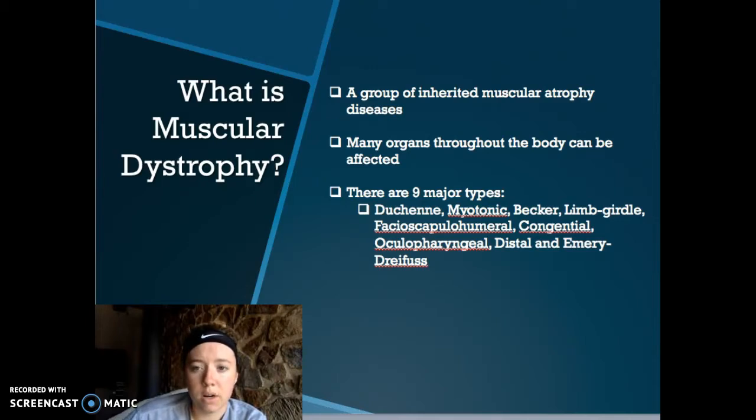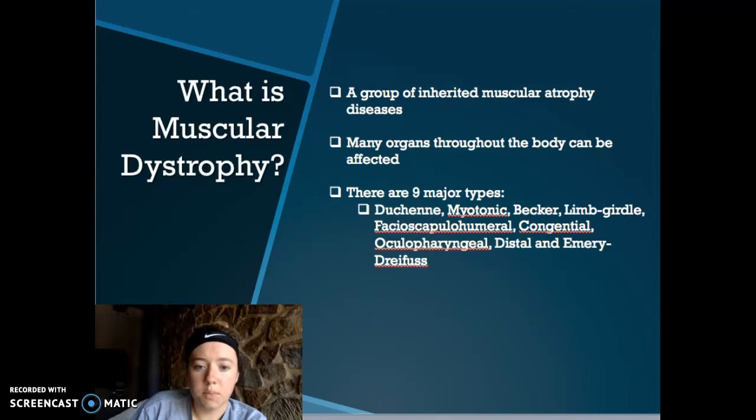And then with regards to the word inherited, you can inherit this from your mom. So we will go over how this occurs in the next couple of slides, but I just wanted to give you that general definition of what it is.